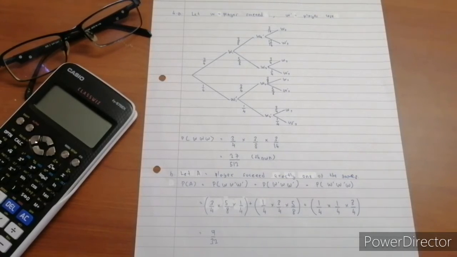The question also mentioned that if the player succeeds in the first game, the next game will get harder, and the probability of the player succeeding in the second game is 1/2 of the first game. From this information, we can now build the tree diagram.